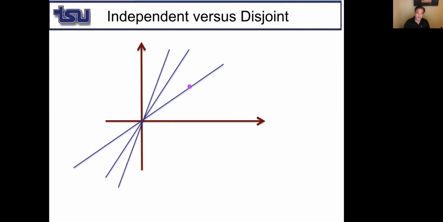However, think about three lines. They intersect at the origin. So these are disjoint, but they are not linearly independent. Why? Because if you take a point here, you can always find maybe one vector from there and another vector from this line, and if you add them up, you can bring this up.